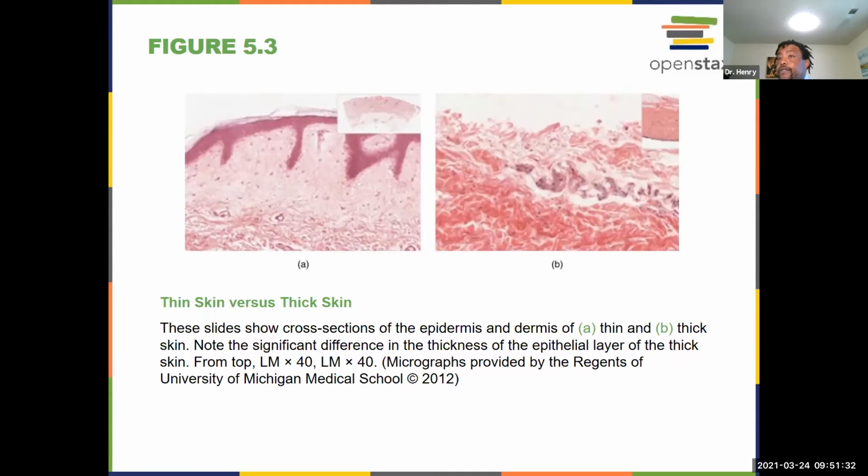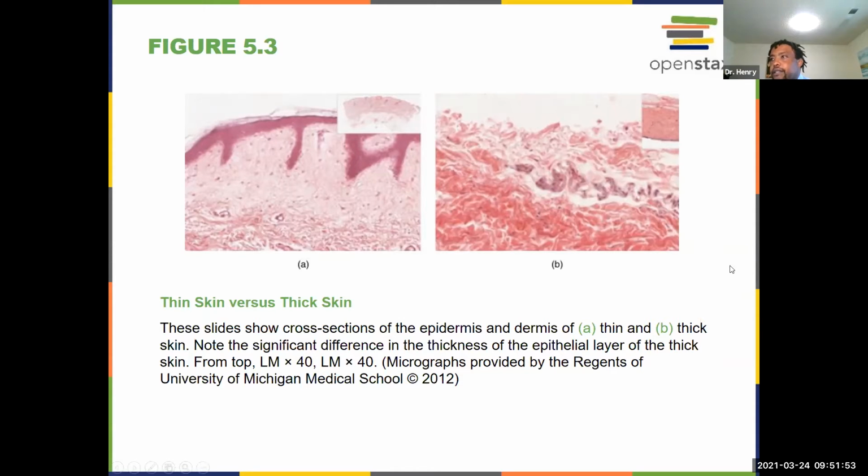Okay, so here, this is an example of what we call thick skin versus thin skin. Okay, so the epidermis is basically considered our thin skin. If you guys can see that upper layer there, that is our epidermis. That part of it is kind of thin.